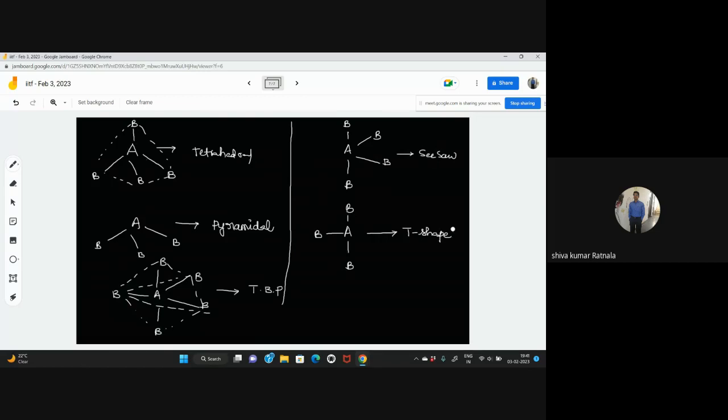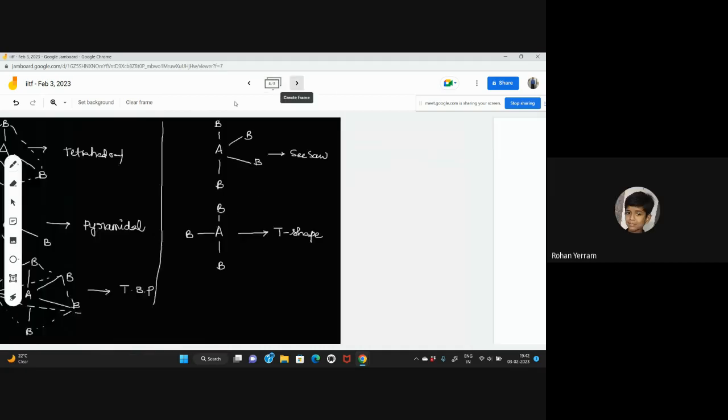Already you know linear, right? Linear is a straight line, that's it. Sir, we should learn these shapes by heart also, sir. Yes.